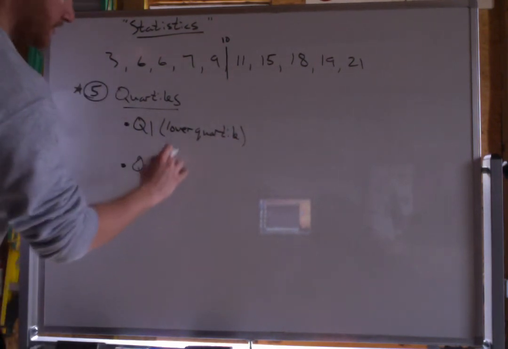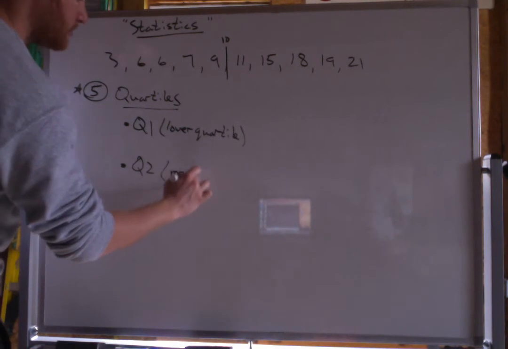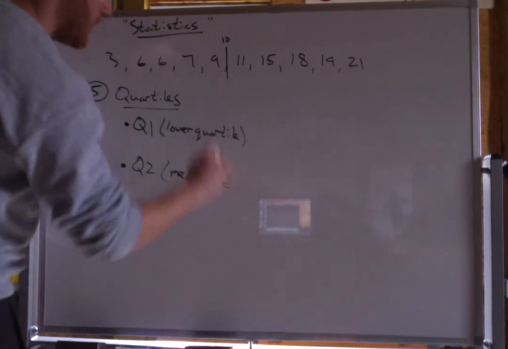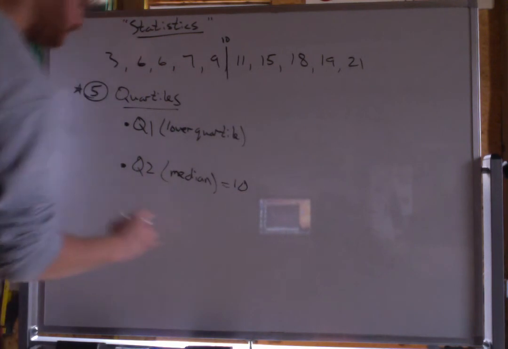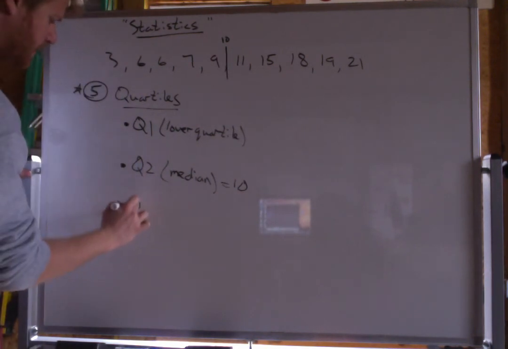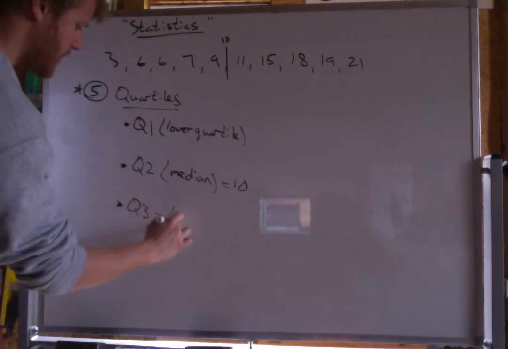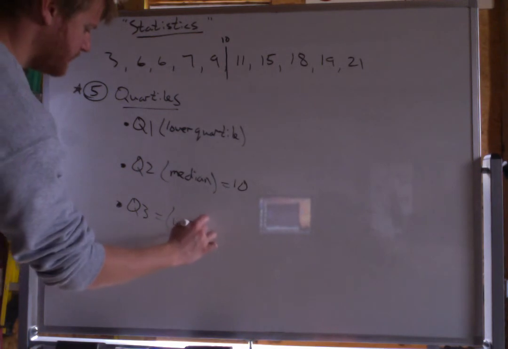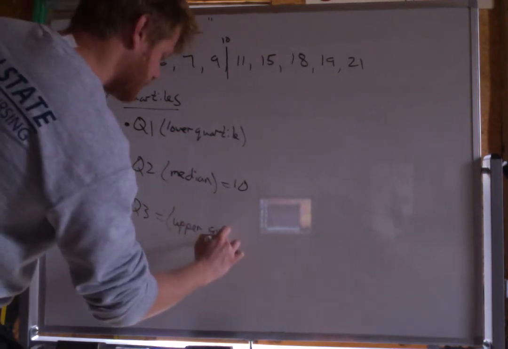Q2, which is the overall median. I'm going to write that one in already. We already found that. It's 10. And then finally Q3, which is the upper quartile.